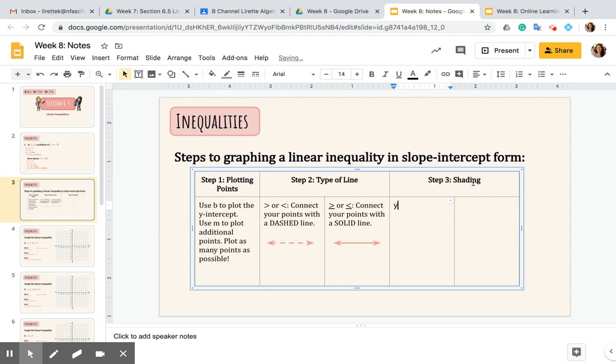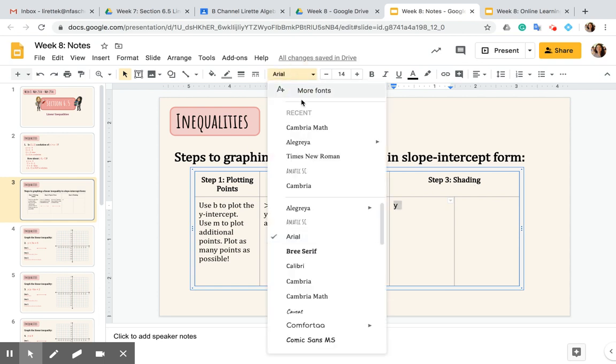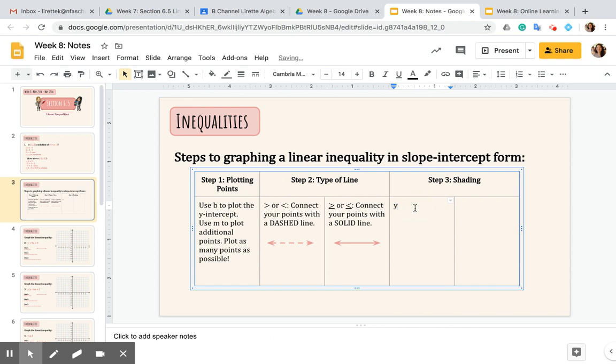If you're looking at an inequality where y is greater than or equal to, just some sort of greater than symbol, okay? You're going to shade above the boundary line that you've graphed.